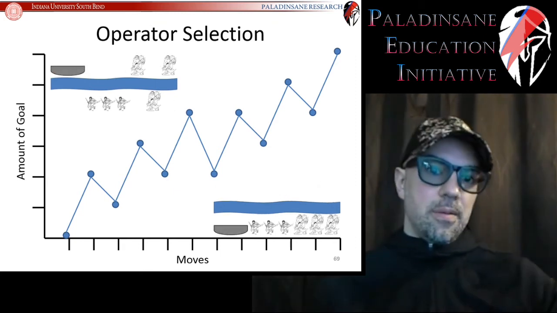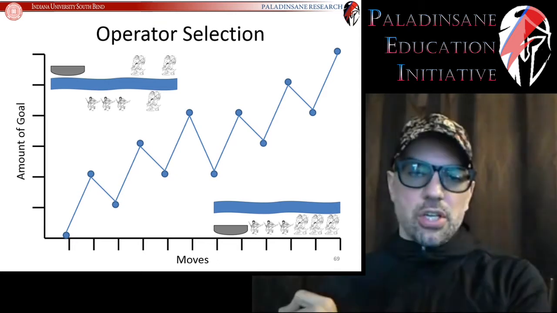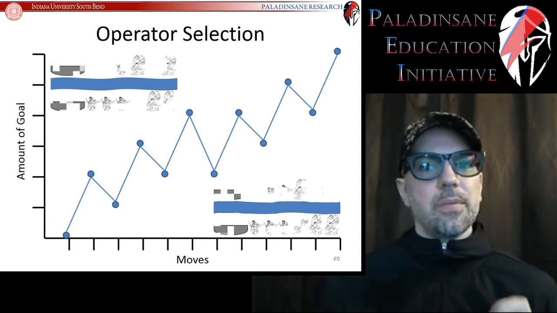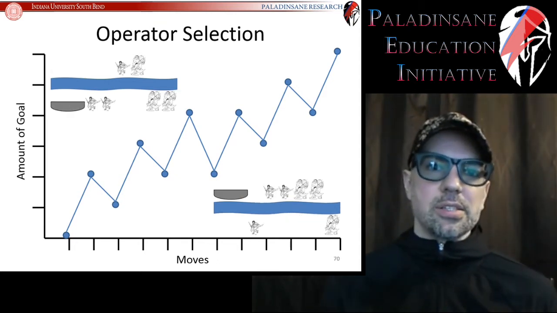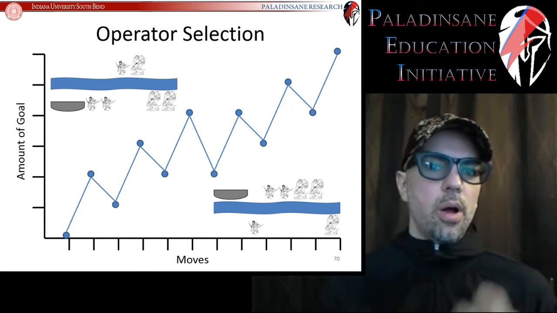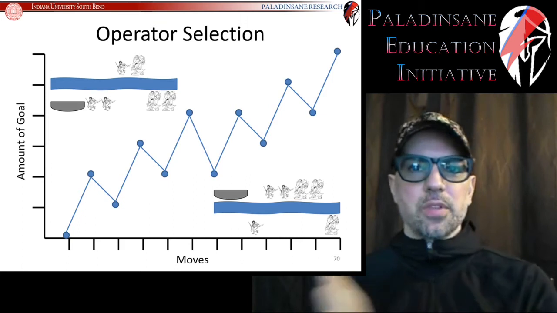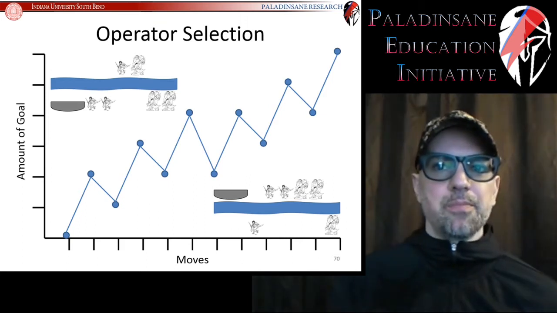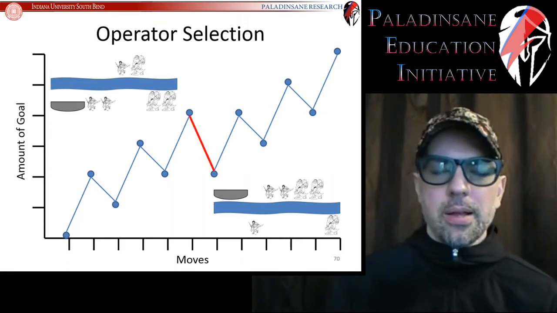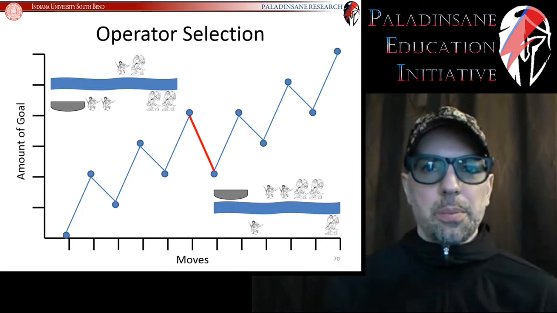Now, again, this is the kind of navigation of that problem space. And this allows psychologists to identify what makes this problem so difficult. Because the difficulty that people have, the place where people get stuck in this problem, is in that move right there. It's when you have to take two people back.